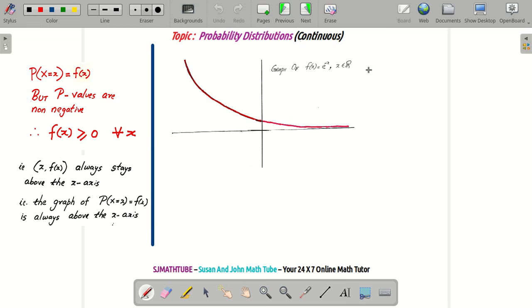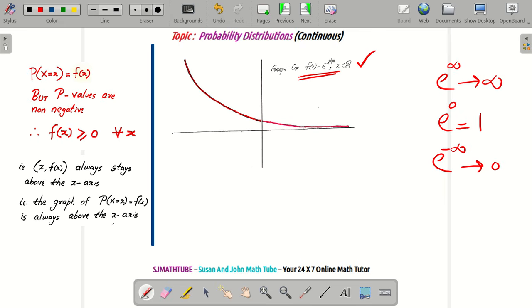So I'll give you a few examples, and before that I want you to take a good look at the graph of e to the power minus x. You know that e to the power infinity tends to infinity, e to the power 0 is equal to 1, and e to the power minus infinity tends to 0.